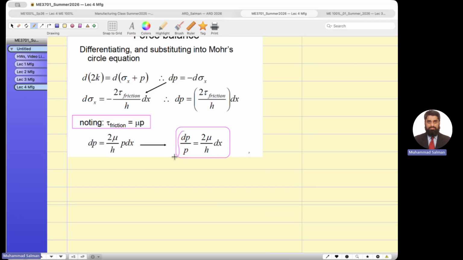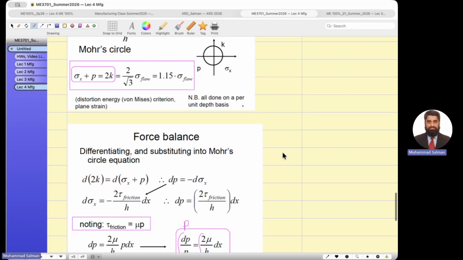If you integrate it on both sides from the starting flow stress, this is the starting point. Minimum it should be, yielding point is 2K, and up to the highest pressure. You understood my point.